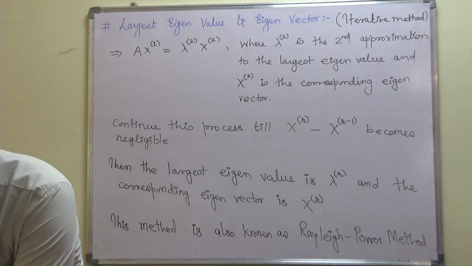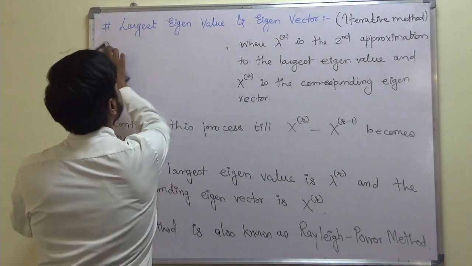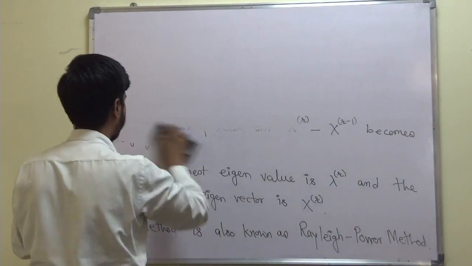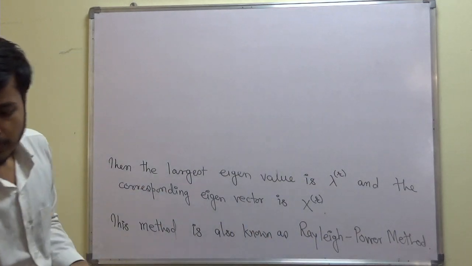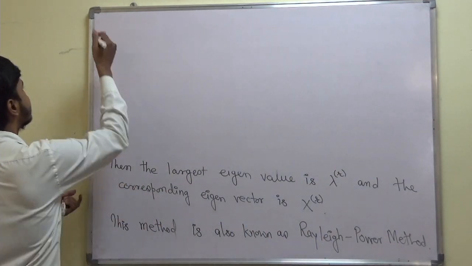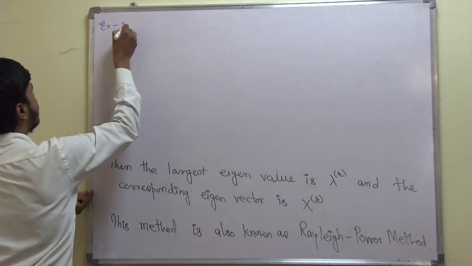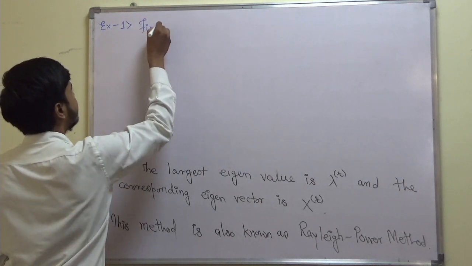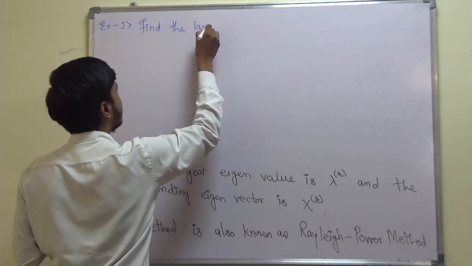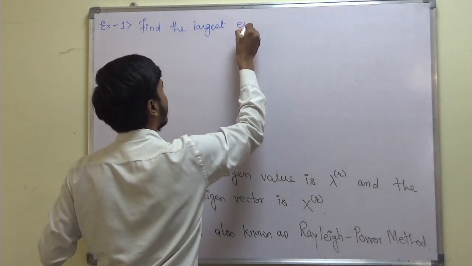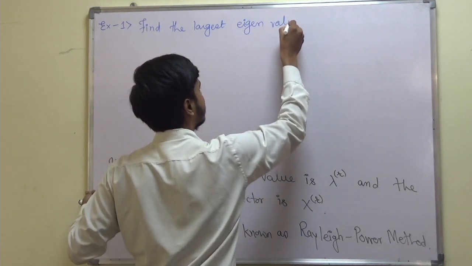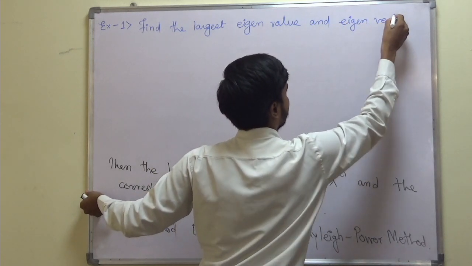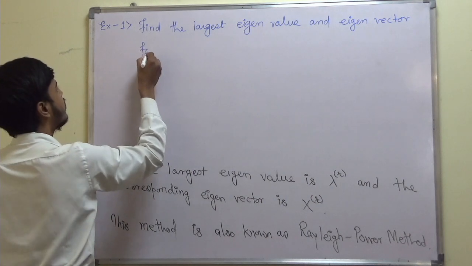So the example is, say example number 1: find the largest eigenvalue and eigenvector for the matrix.